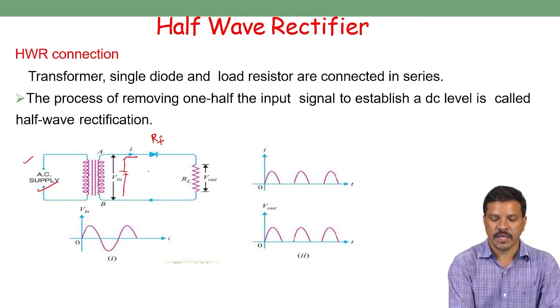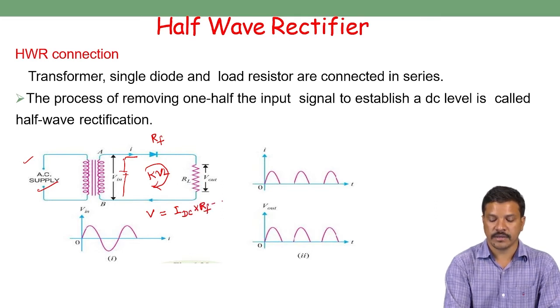What will be the total voltage by applying KVL? The power supply voltage is equal to the drop in the forward resistance, IDC into RF, plus IDC into RL.